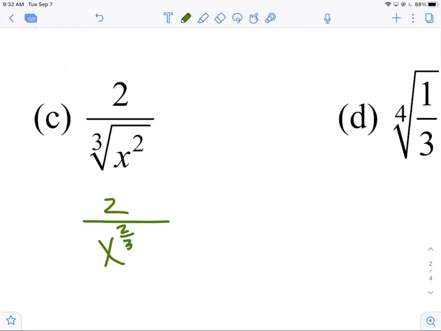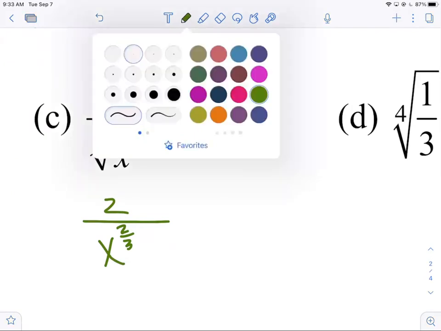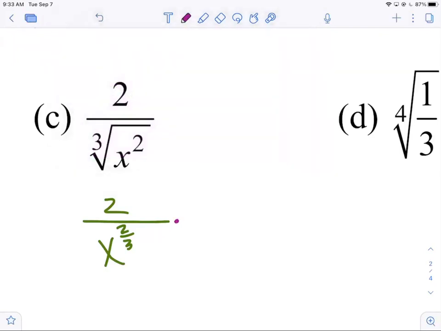If the whole purpose is to get rid of the radical, which is the same thing as getting rid of the fractional exponent, I have an exponent right now of 2/3. What do I need to make 2/3 whole? 1/3, right? So I'm going to multiply by x to the 1/3 over x to the 1/3, which is really the cube root of x.